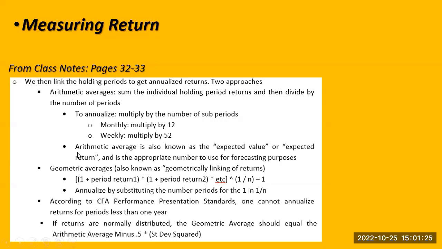And your stats class arithmetic average is probably what you refer to as the expected value, as the mean. So if you're creating a model where you're going to simulate something in the future, you would use the arithmetic average.